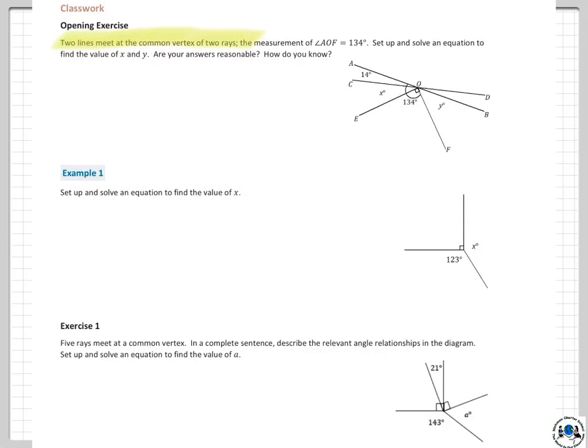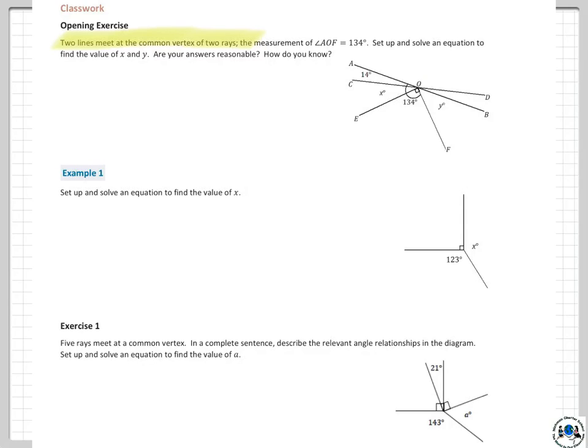The way I'm going to approach this is as angles on a line. I'm going to go from that perspective, I think anyway.